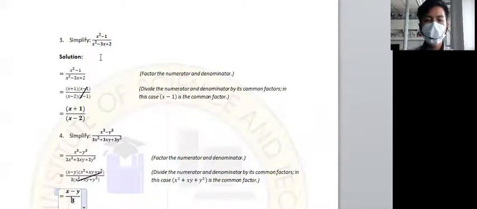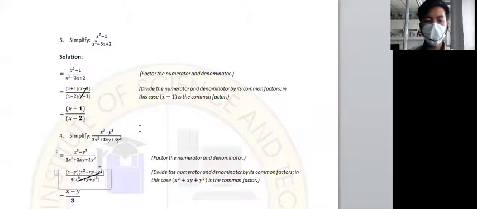So the factor of x squared minus 3x plus 2 is equal to the quantity x minus 2 multiplied by the quantity x minus 1. So we need to divide the common factor which is x minus 1. So matitira na lang po dito is equal to x plus 1 all over x minus 2.